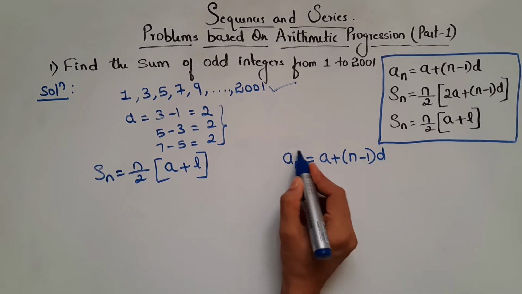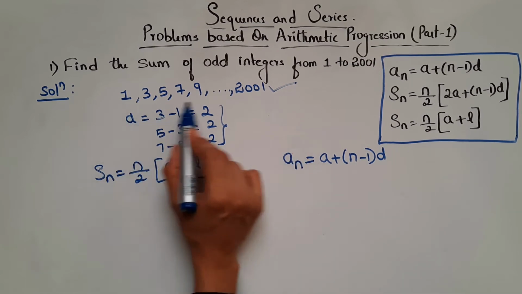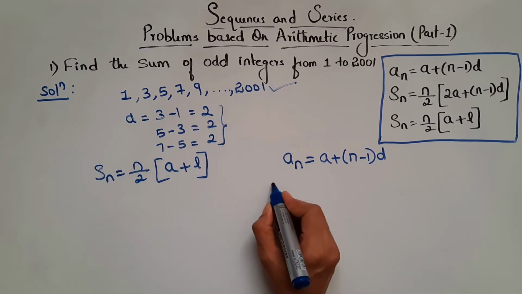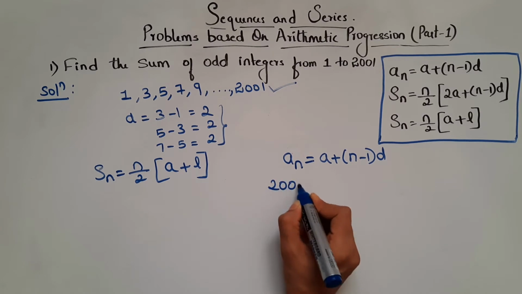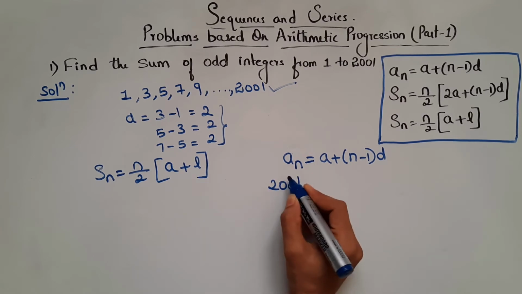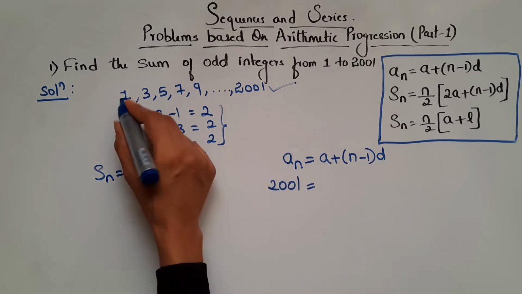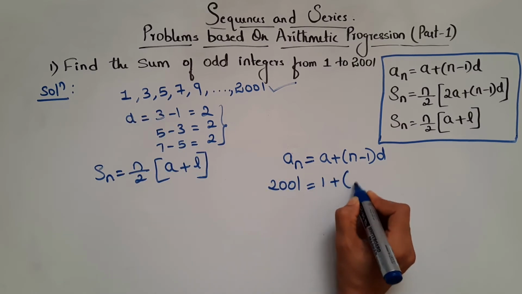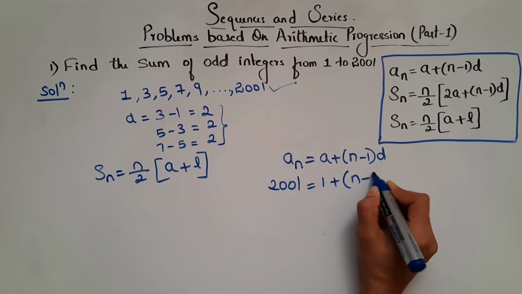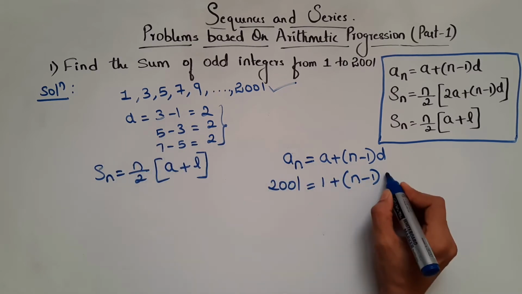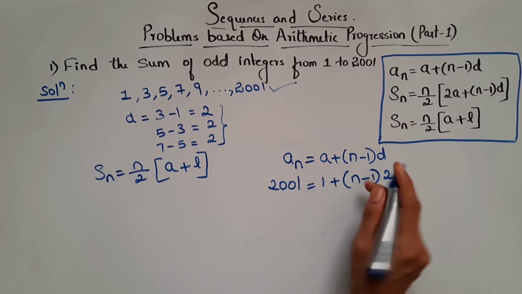What is an? an is nothing but the nth term. What is the nth term here? 2001, right? Which is the last term. That is the nth term, which is equal to a, which is 1, plus n minus 1 into d. What is d? d is 2. So let's find n from this equation.